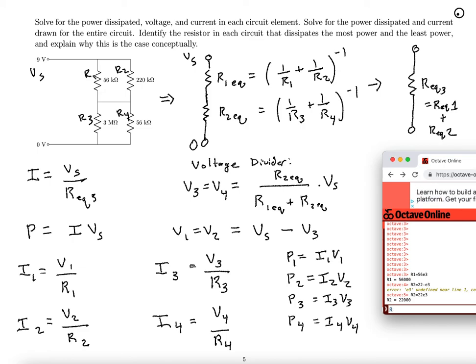R3 is 3 mega ohms. And R4, which is 56 kilo ohms.